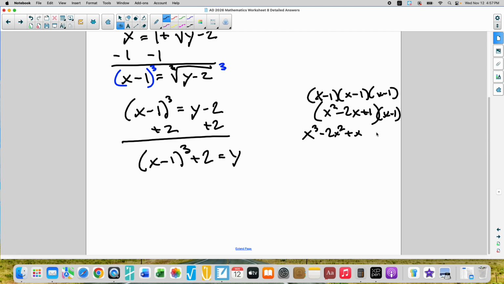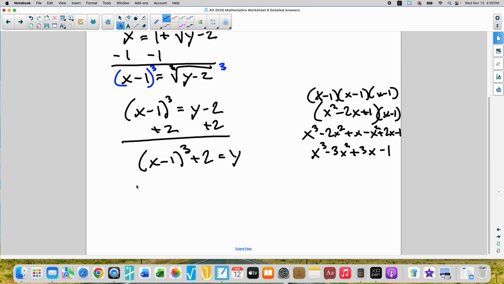And then distribute the negative 1, which is negative x squared plus 2x minus 1. And that gives us a total of x cubed minus 3x squared plus 3x minus 1. Yes, that looks correct.